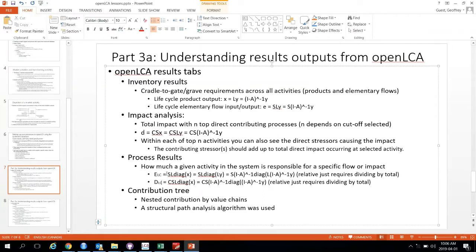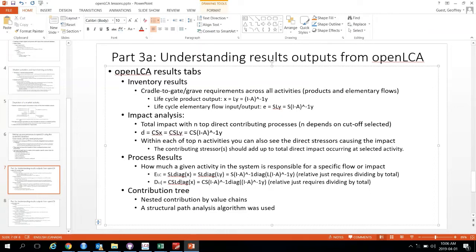So you're essentially acting as if your final demand is actually your total output. As you're used to seeing SL times Y, which is the final demand, now we're going SL times X, and X is the total system output. When we diagonalize it, we'll understand whatever every single activity is responsible for in terms of its direct contribution and everything upstream.